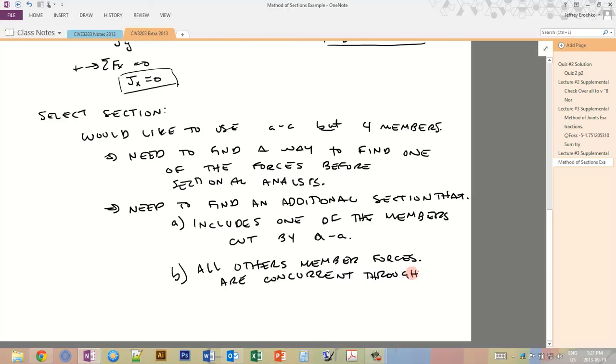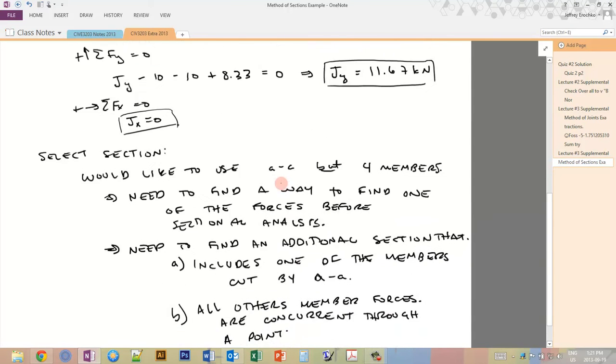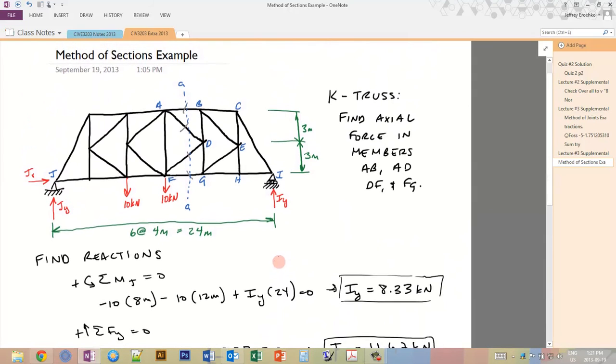And I'll show you what that means. Okay, so let's take a look here. Up here we want to make a cut where the members that are cut include one of the ones from this cut, and all of the rest of the forces from the other members are concurrent through a point. So I'll show you which one works here.